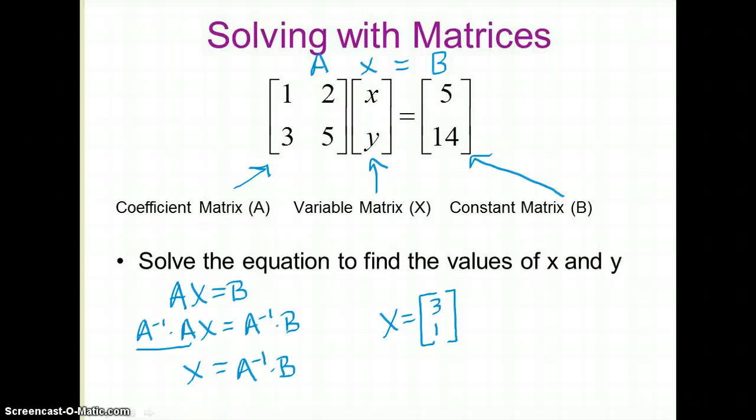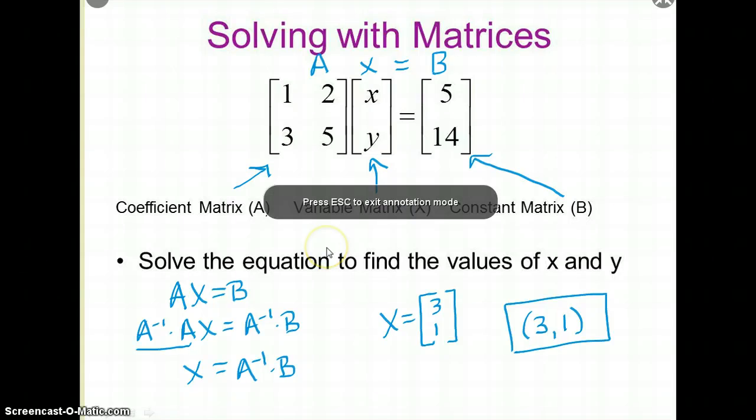So since 3 corresponds with the x and 1 corresponds with the y, I'm going to write my ordered pair solution as (3, 1). So we are solving a system, we're just using matrices as the method to do so. So I still want to give my answer as an ordered pair like I always have.